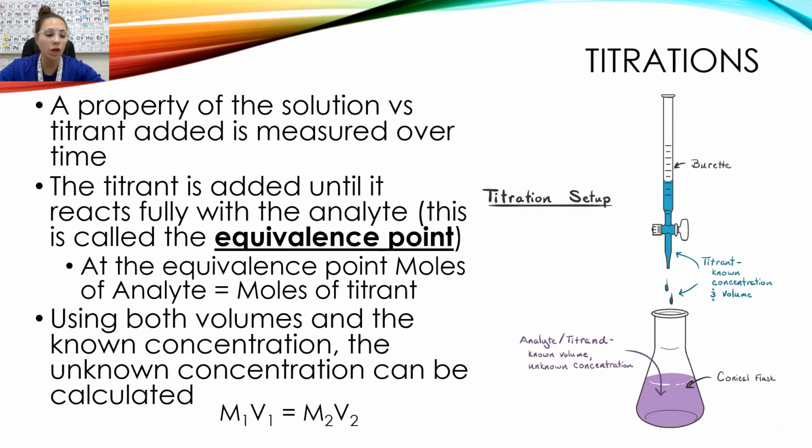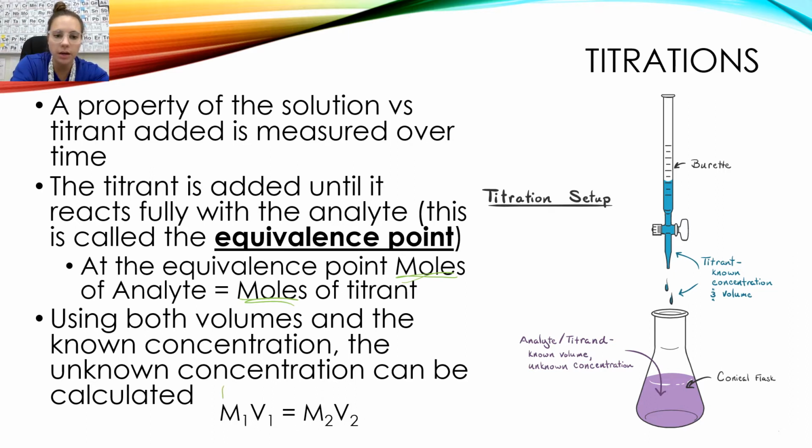And since we know the volume and concentration of the titrant, and we know the volume of the analyte, I can then figure out the concentration of the unknown. So we can use this equation, M1V1 equals M2V2, because, as I pointed out here, the moles are equal, and molarity times volume is moles.